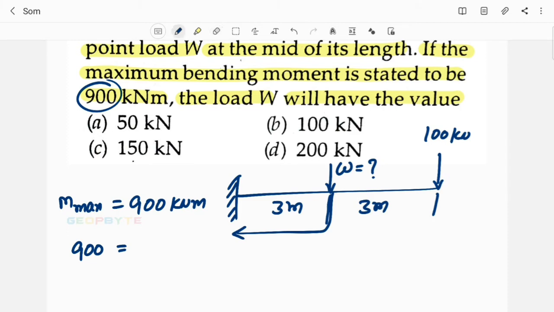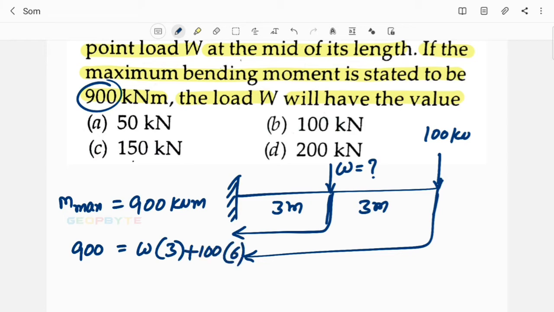It is W into 3 plus this load into distance to the fixture, 100 into 6. 900 is equal to 3W plus 600.